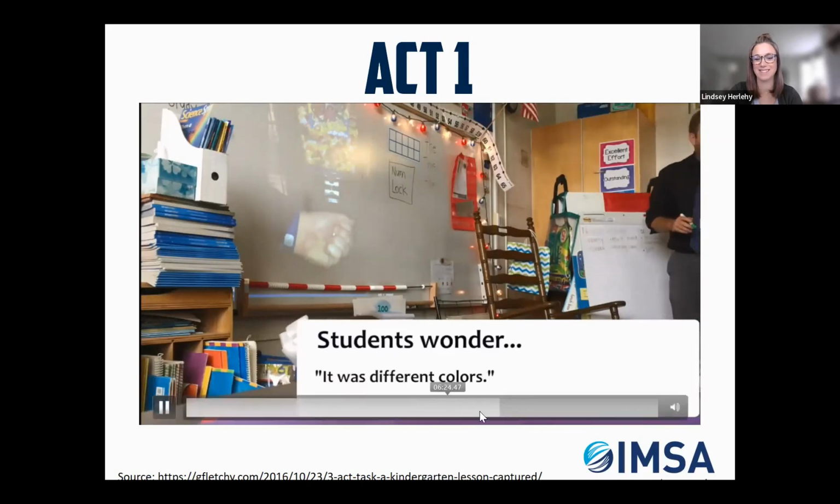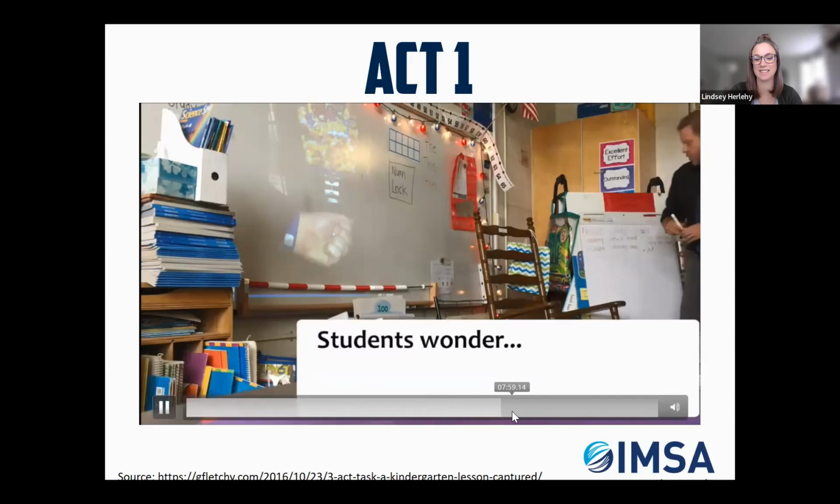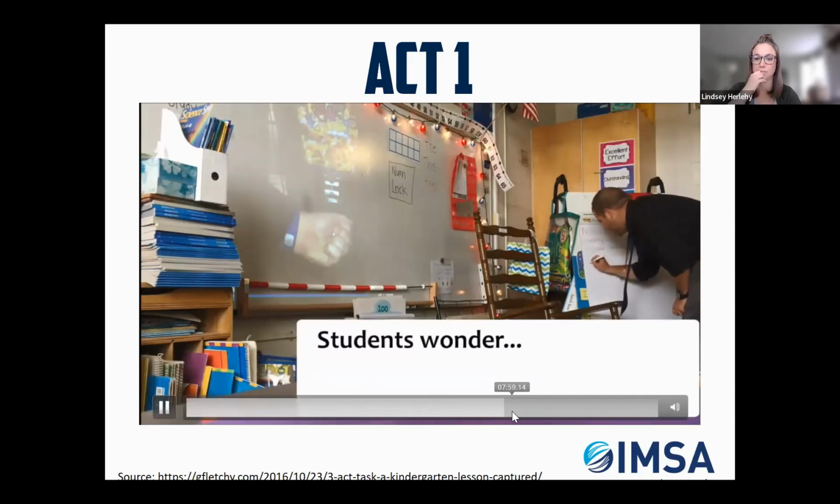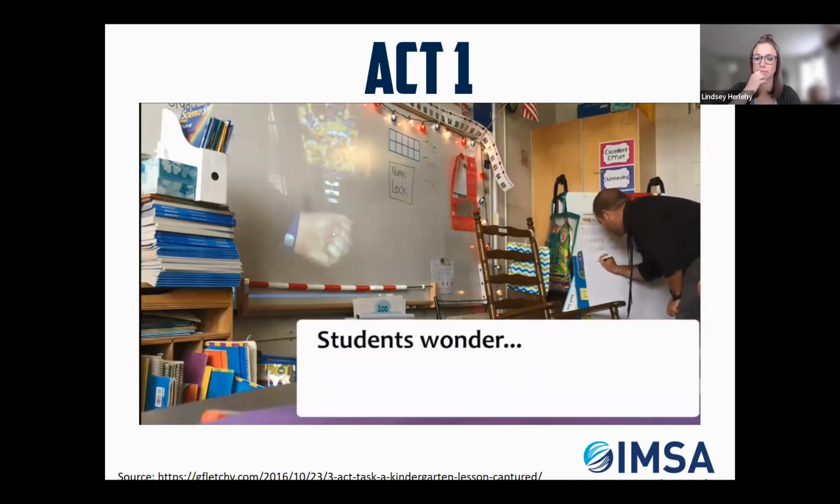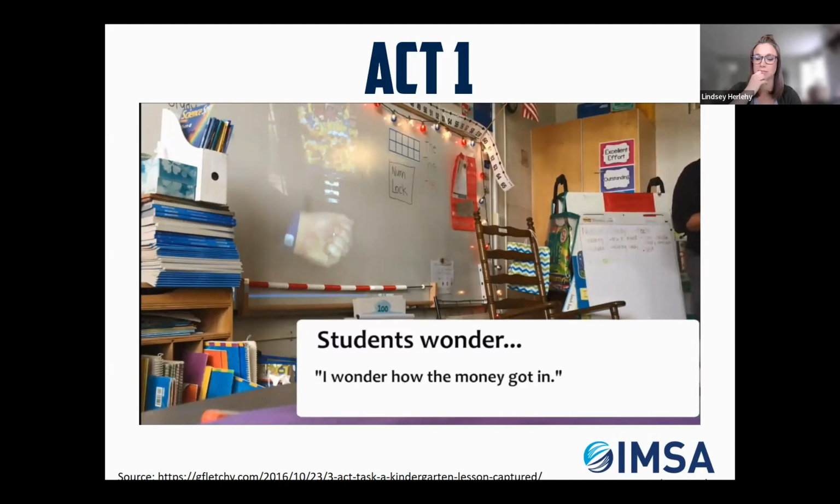It was different colors. What was different colors? So you noticed that the candy was different colors. So I'm going to write down that you're wondering about colors. What do you wonder about? I wonder how the money got in.